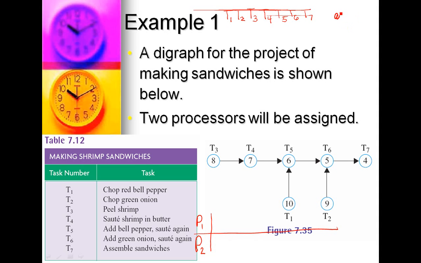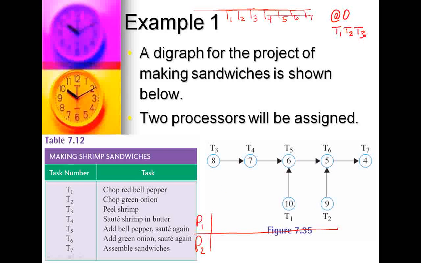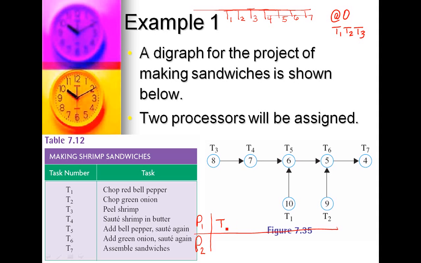So at time equals 0, the ready tasks are T1, T2, and T3. The highest priority is T1, so it goes on the lowest number processor.